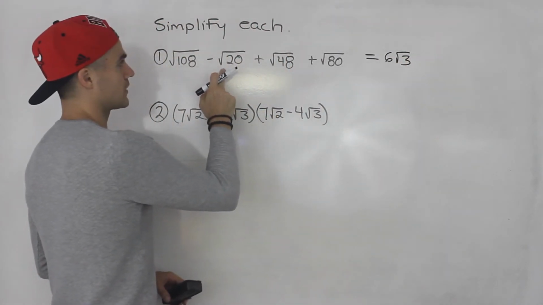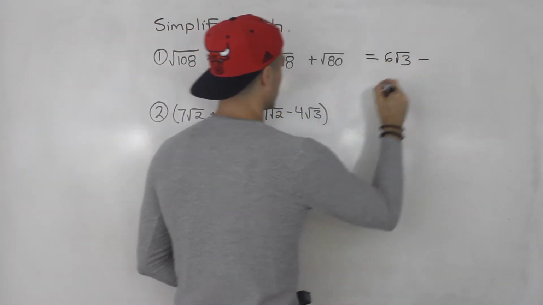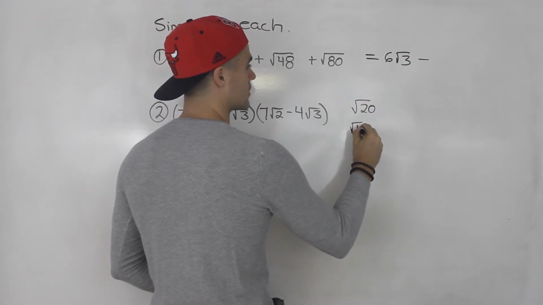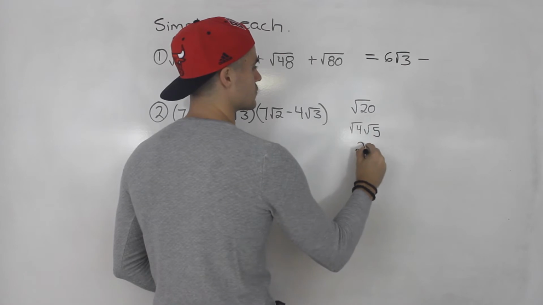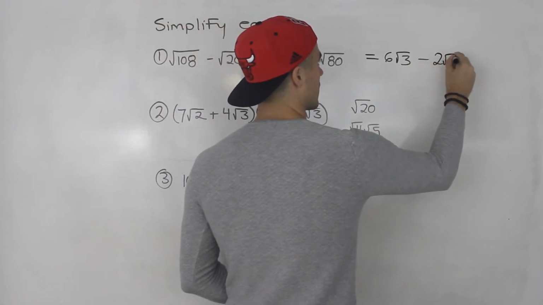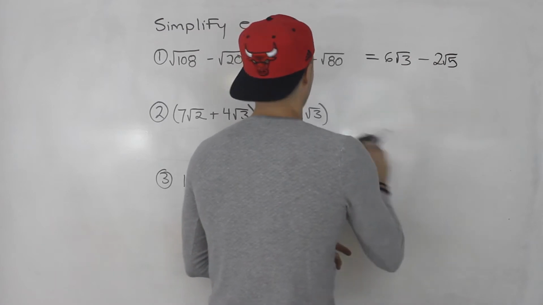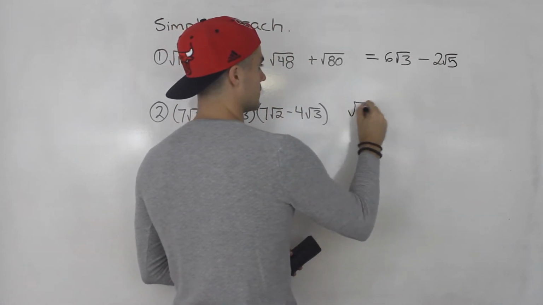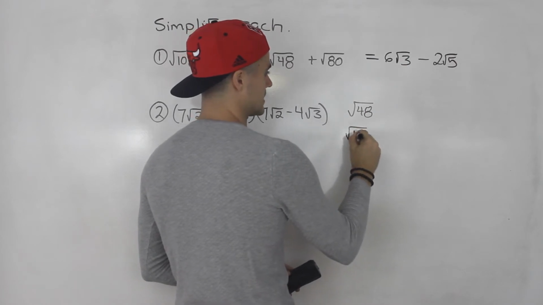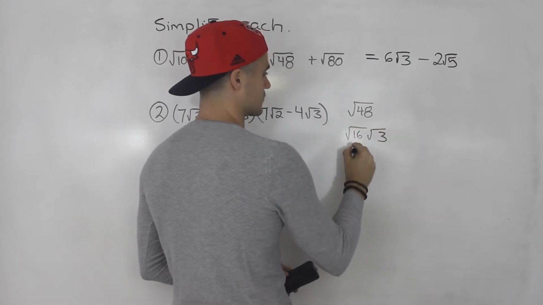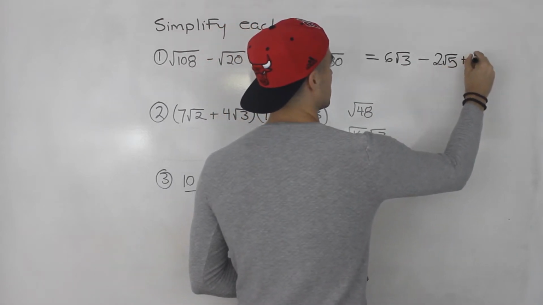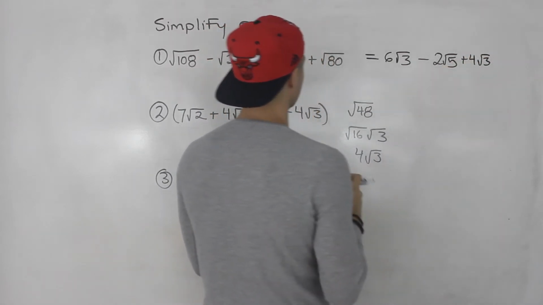What about root 20? Well, root 20, we can break that down into root 4 times root 5, which is 2 root 5. So this would be minus 2 root 5. And then root 48, we could break that down into what? Root 16 times root 3. So root 16 is 4, this is root 3, so this would be plus 4 root 3.